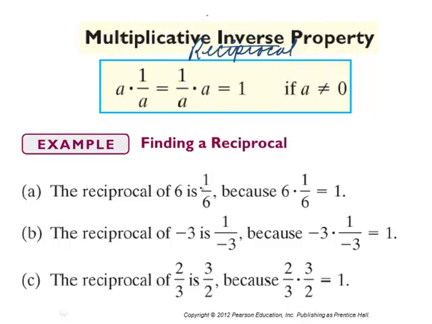So the reciprocal of 6 is 1/6, because when you take 6 times 1/6, you get 1. Negative 3 and negative 1/3 are inverses of each other because their product is equal to 1, right? The reciprocal or the multiplicative inverse of 2/3 is 3/2. Because when you multiply them together, you get 1. All right, moving along here.